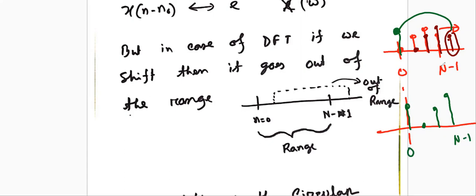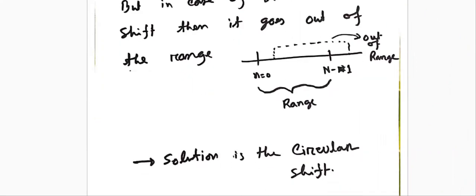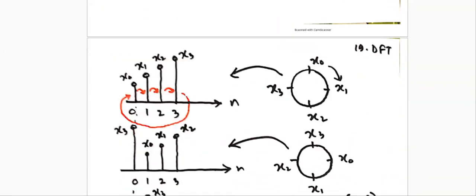Previously that was x[n], and now this is x[n-1]. If you want to do x[n-2], this will be shifted again to the right, and this will be shifted to the first. This is known as the circular shifting. I'll give you more examples. Since our range of view is this, we can't go out of that. So the circular shifting is the solution to keep all those samples inside.